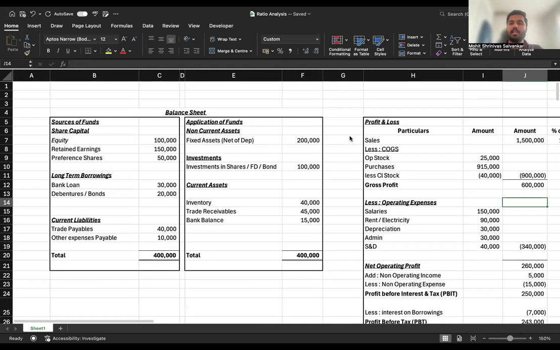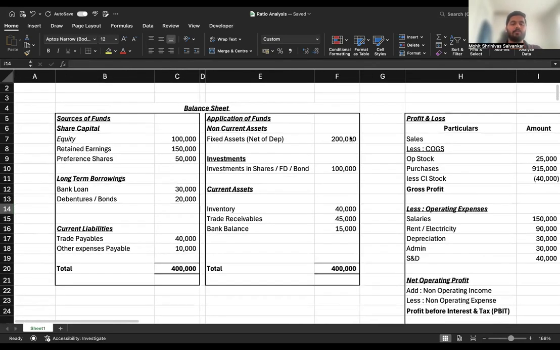I'll attach this Excel and this PPT in the link below. You can download it if required. So we'll go through this balance sheet. Generally, in financial accounting, you see it as a vertical format. But for financial management, I have presented it like this because it gives a better idea.